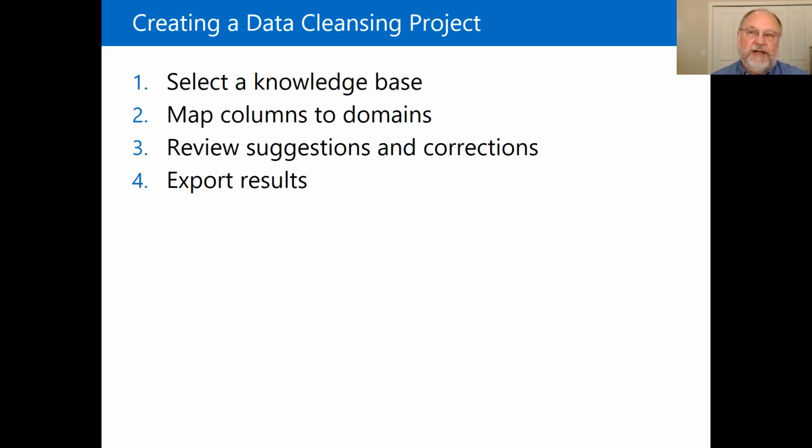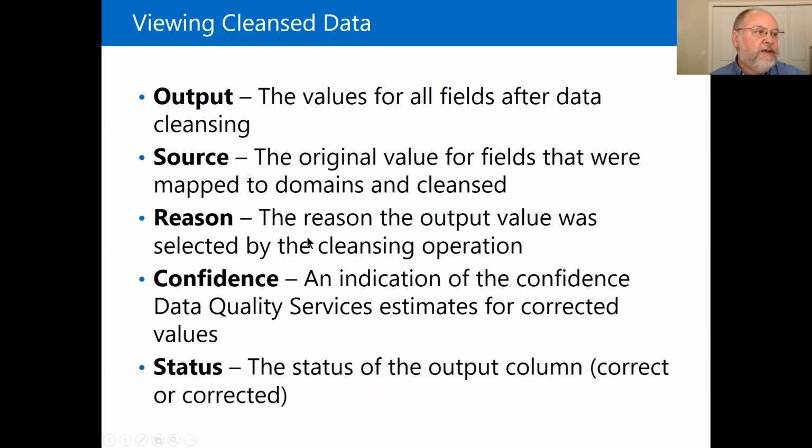In our case, we're going to export it to a spreadsheet, and that spreadsheet is going to become our stage for our warehouse. For every column in my source data that I map, the cleansed data is going to have 5 columns output. Output column, so if it's city, city underscore output would be the name of the column.